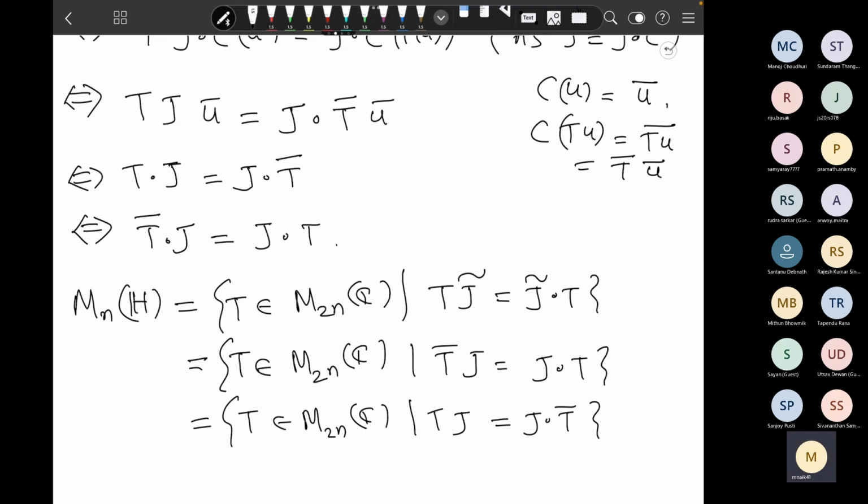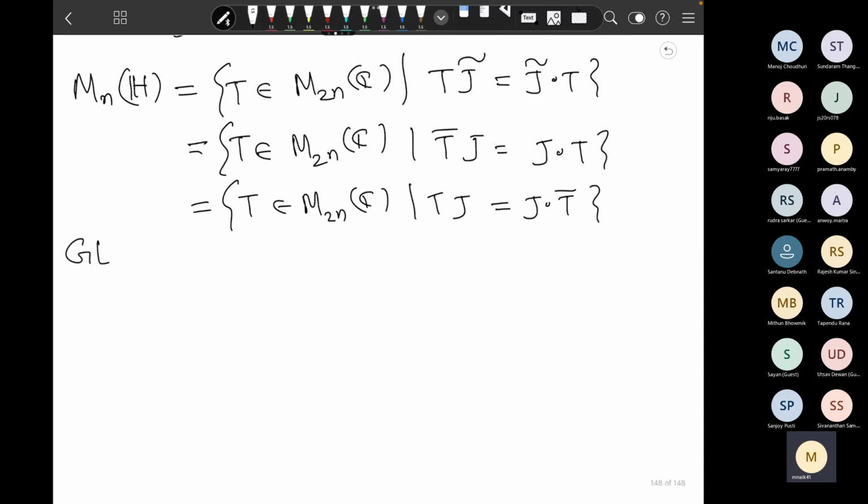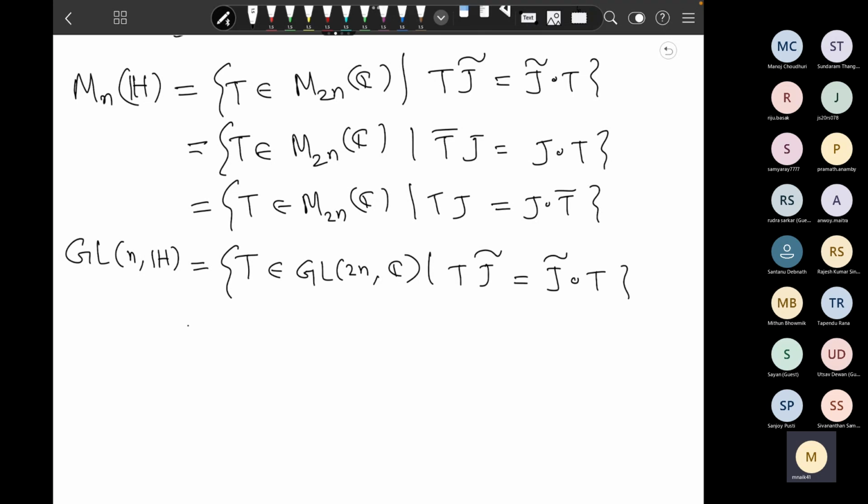Small j is the quaternion element and capital J is the standard complex structure map. Now similarly I will write GLnH as T belongs to GL2n(C), so that T bar J is equal to J composition T.